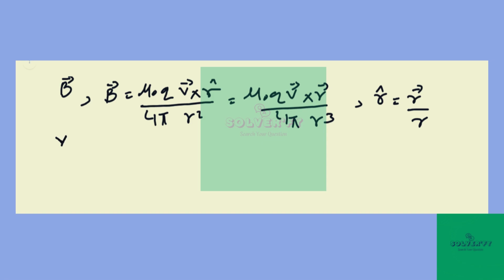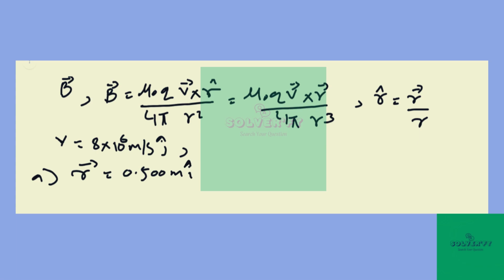Here v is 8 times 10 to the power 6 meters per second in the j direction, and r is the vector from the charge to the point where the field is calculated. For part A, we have an r vector that is 0.500 meter in the i direction, with magnitude r equal to 0.500 meter.